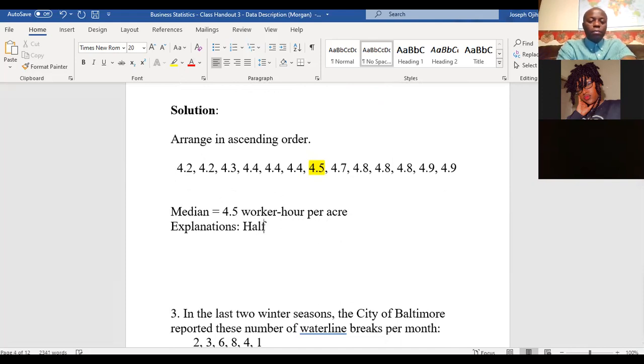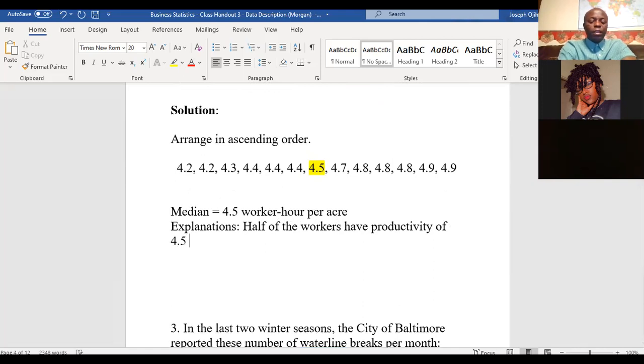Half of the workers have a productivity of 4.5 worker hours per acre or less.